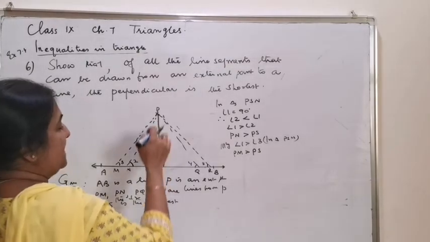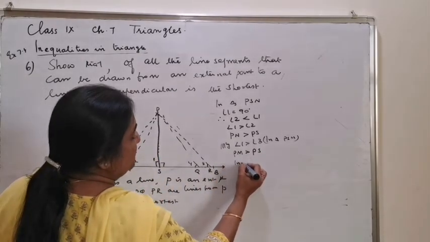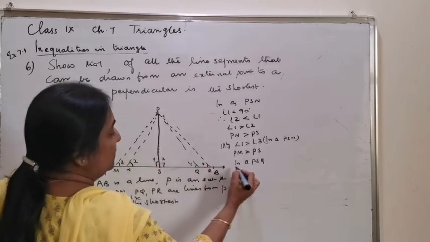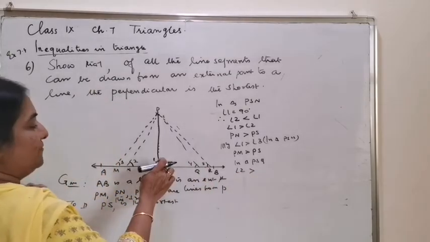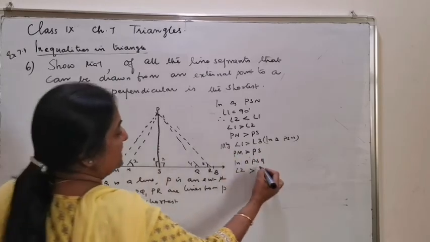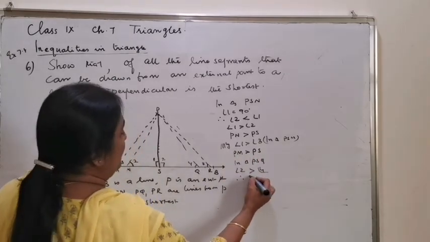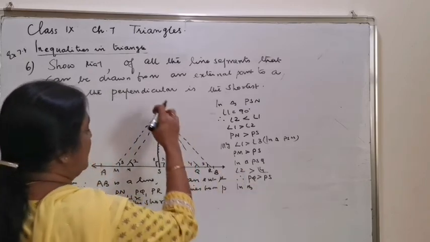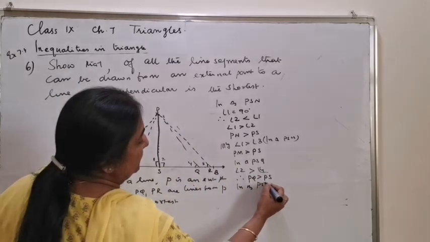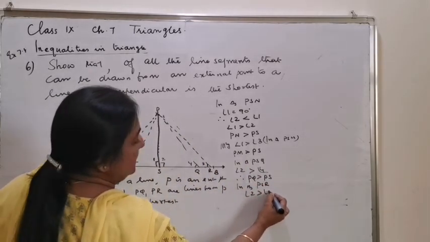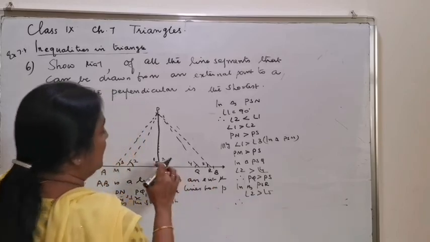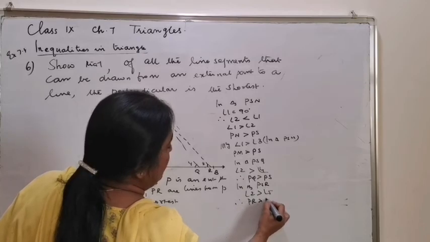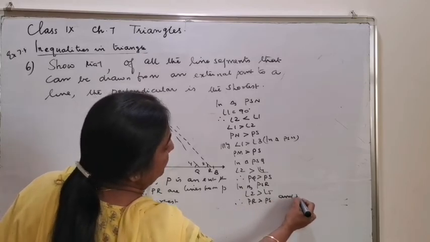In the same way, in triangle PSQ, angle 2 is greater than angle 4, therefore PQ is greater than PS. In triangle PSR, angle 2 is greater than angle 5, therefore PR is greater than PS, and so on.